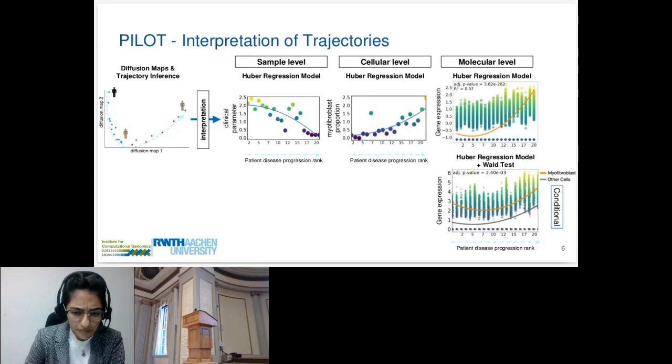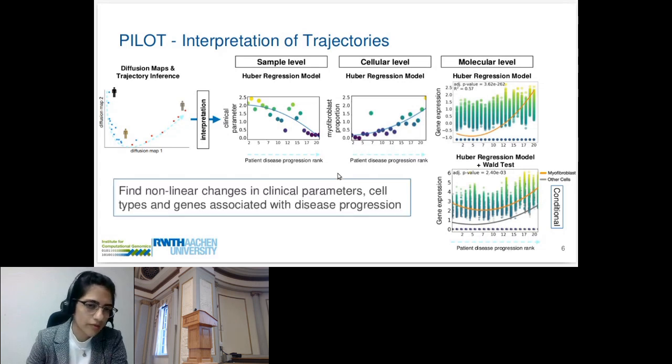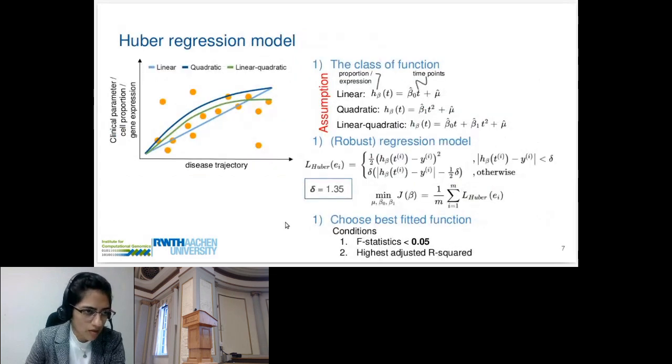Further, we can have a conditional model to compare the expression between cell types. We can explain all of these changes with a nonlinear model called Huber regression. For the conditional model, I also use the Wald statistical test, which I will explain in the next slides.